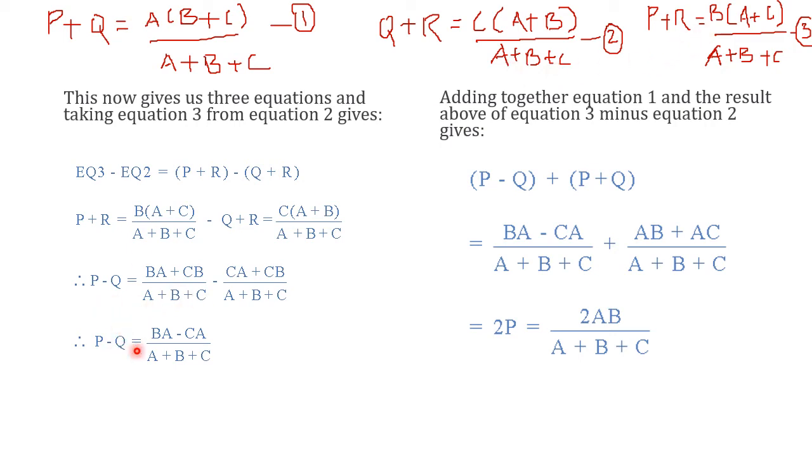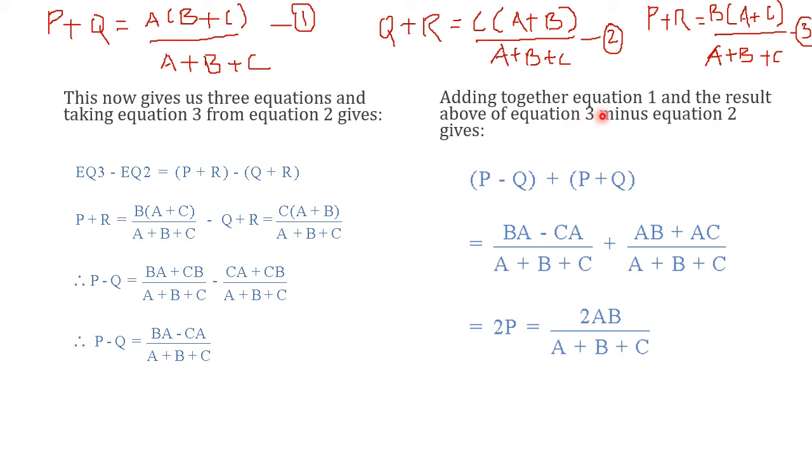Again here A plus B plus C we can take as common, so BA minus CA, here plus CB minus CB will be cancelled. So here we will get this relationship. Again we are going to add equation 1 with equation 2.